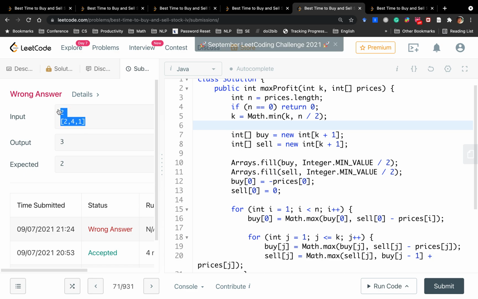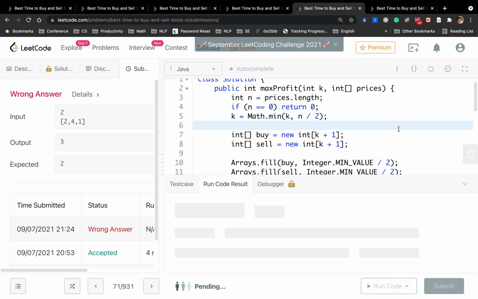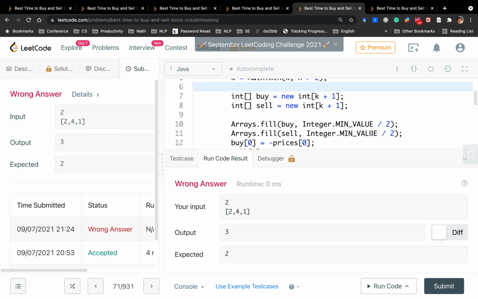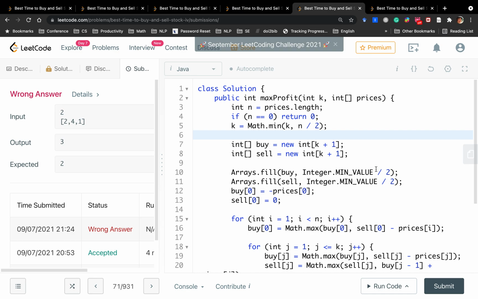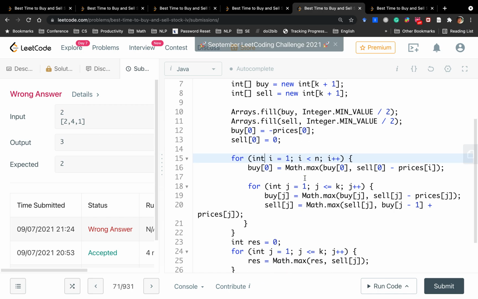But I think it should not be this problem. Let me check what's going on.